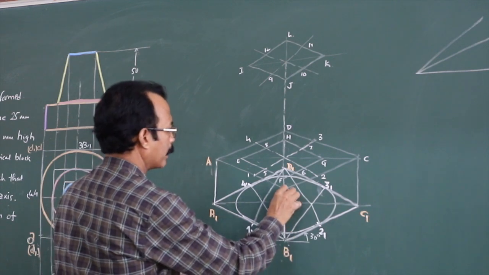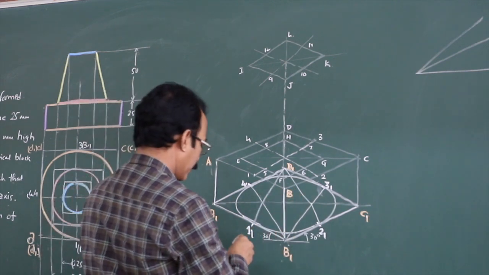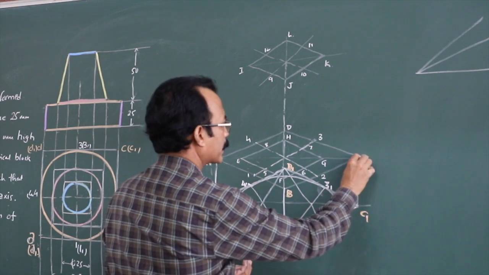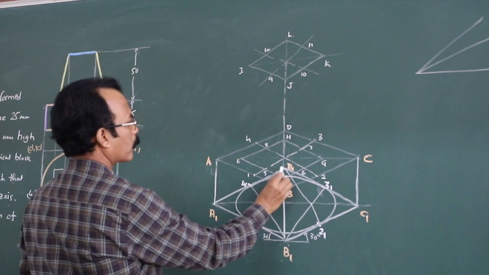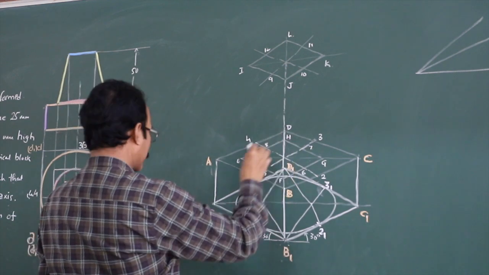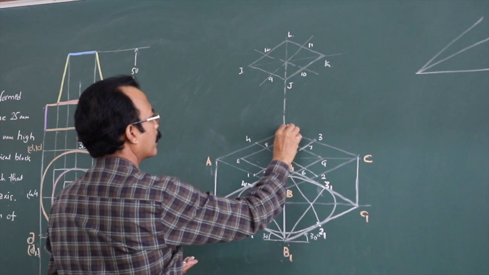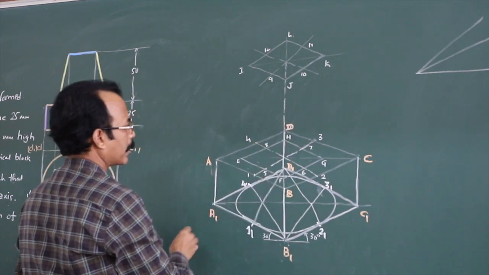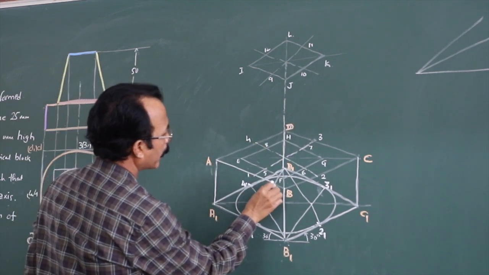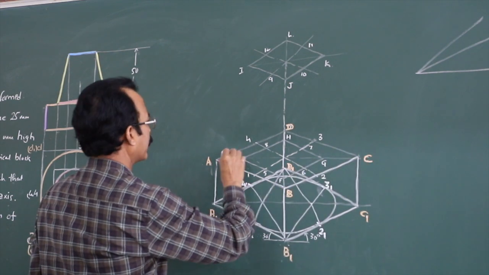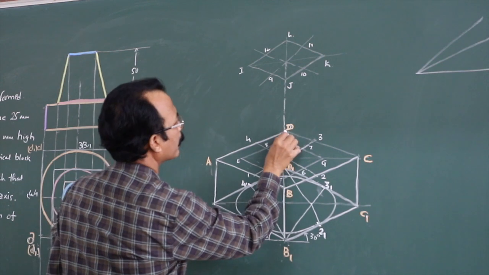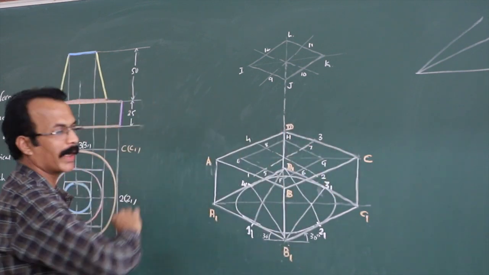This is your B. Then same way at C also, you will get the point C. And from D1, you draw this line, you will get D. Right? Now connect these lines A, B, C, D and get that square.